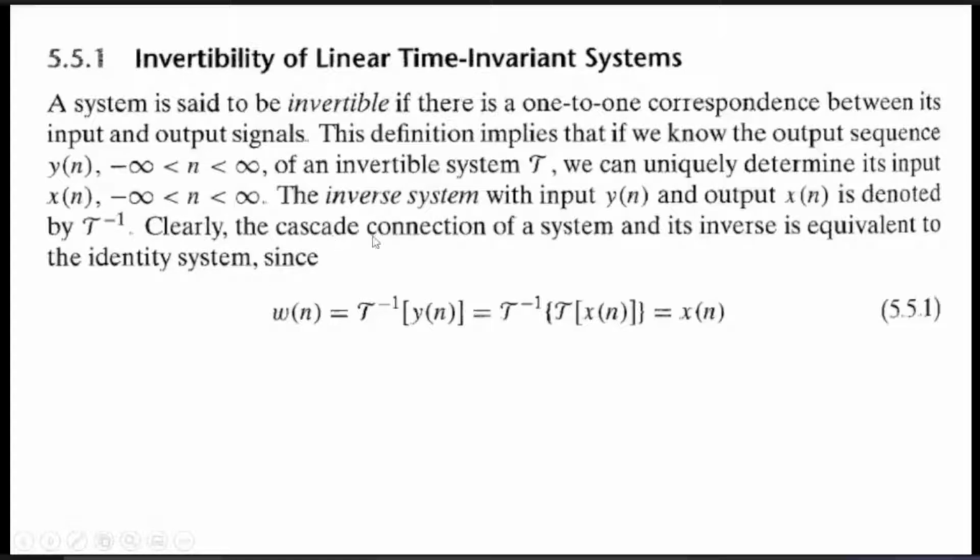Clearly, the cascade connection of a system and its inverse is equivalent to the identity system.